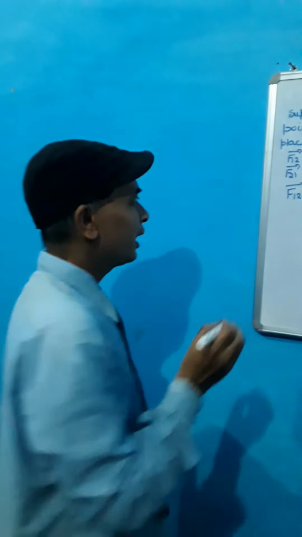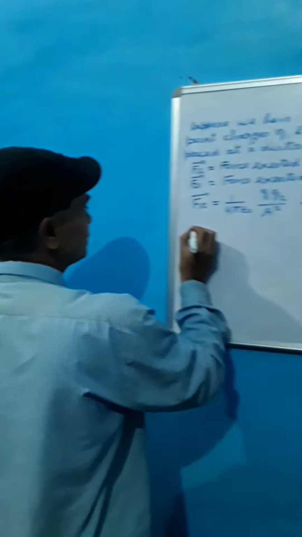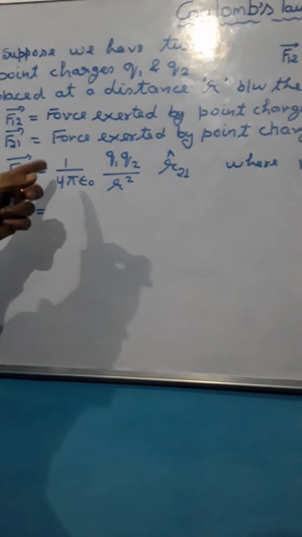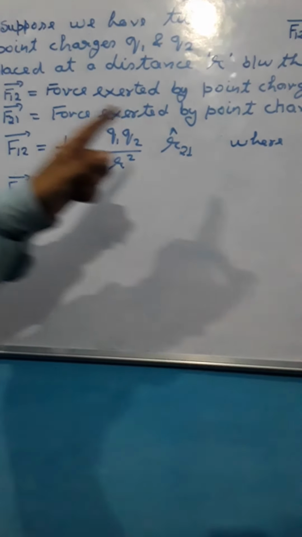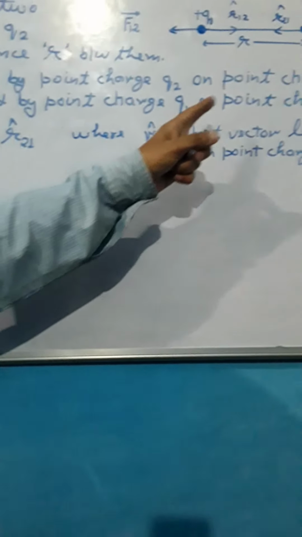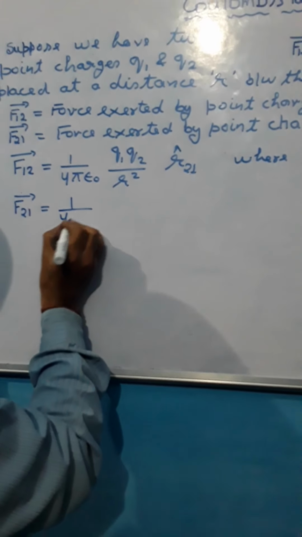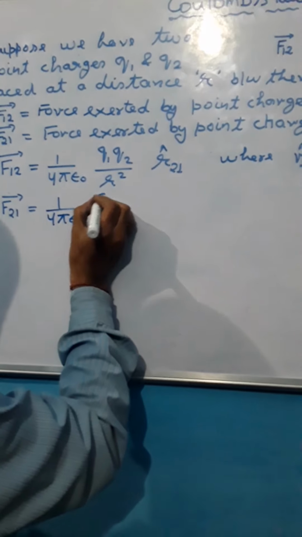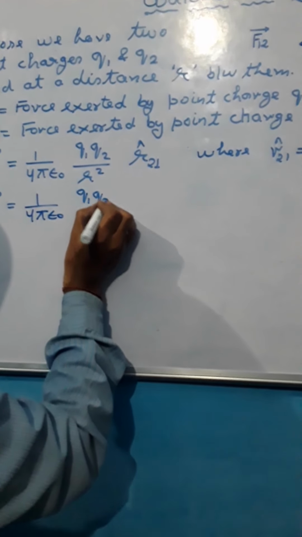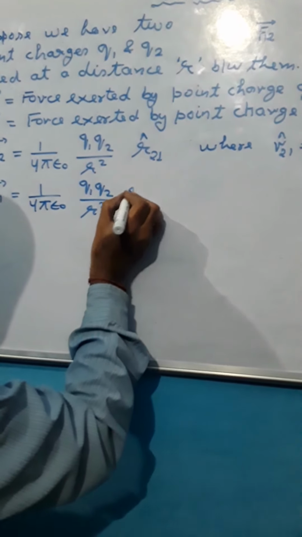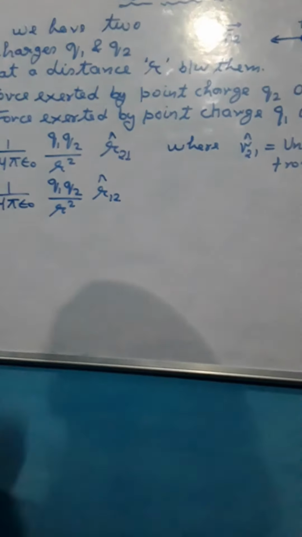In the same manner, I can write down F21. It is the force exerted by point charge Q1 on point charge Q2. I can write it as 1 upon 4 pi epsilon naught, Q1 Q2 upon R square, and here the unit vector comes out to be R12 cap.